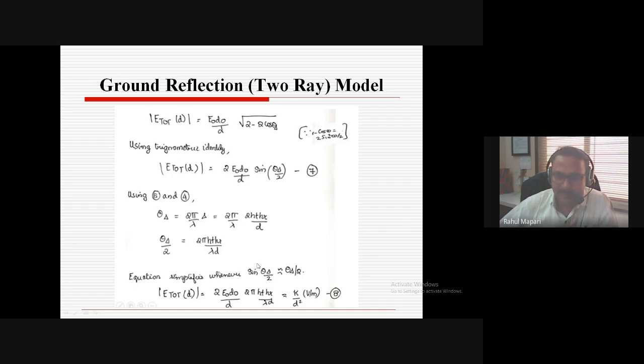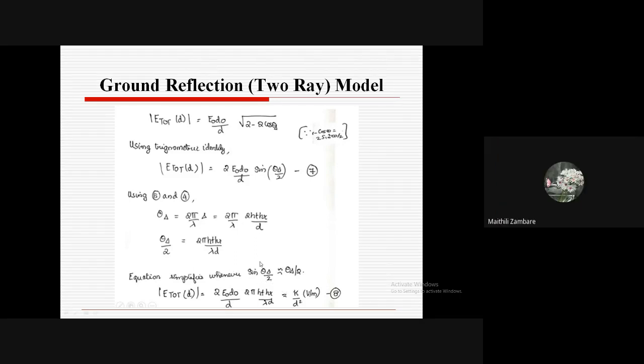It is simple mathematics. Sine theta by 2 is approximately equal to theta by 2. Put some values of theta by 2 here and take the sine of it. Sir, when the angle is very small, then it is possible.